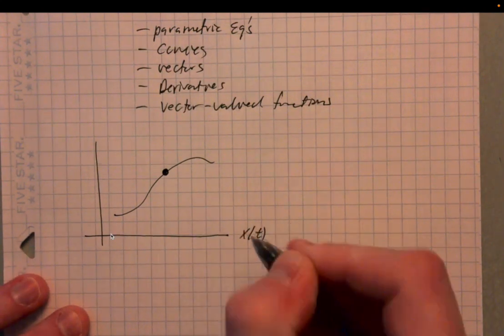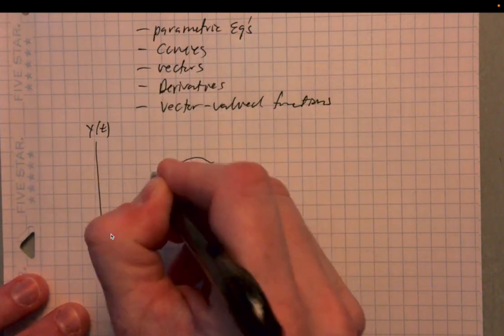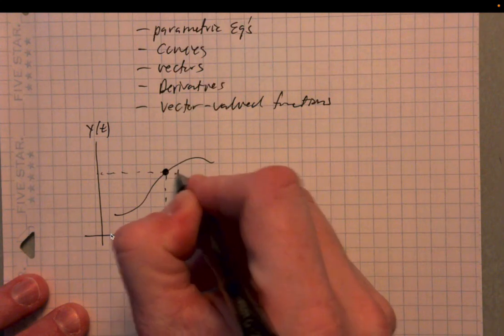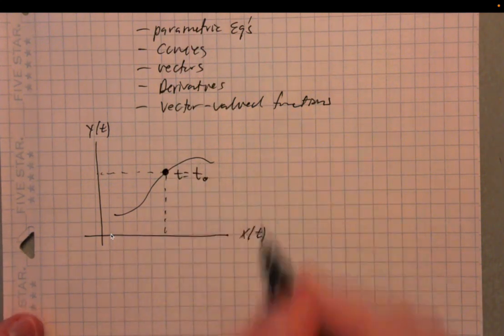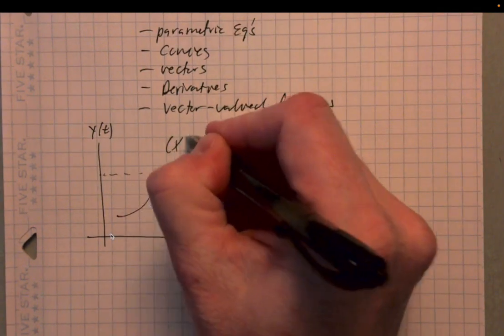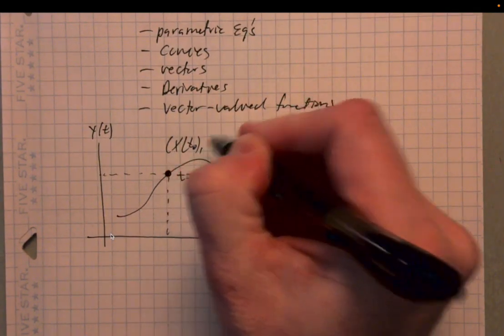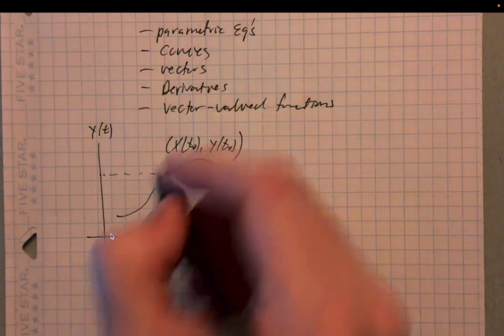So we can think of this as x of t and this as y of t. And so wherever the object happens to be at time t equals t naught, there's going to be some kind of a coordinatization of that.